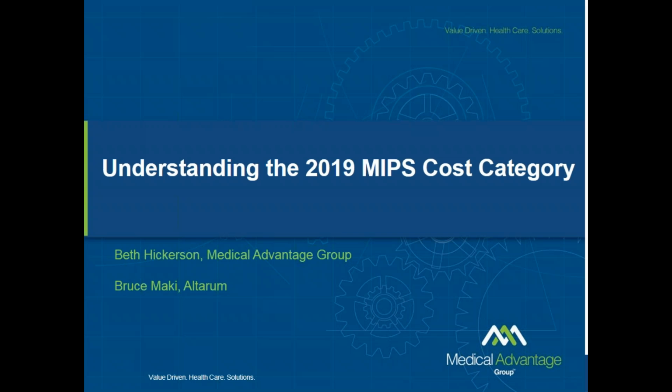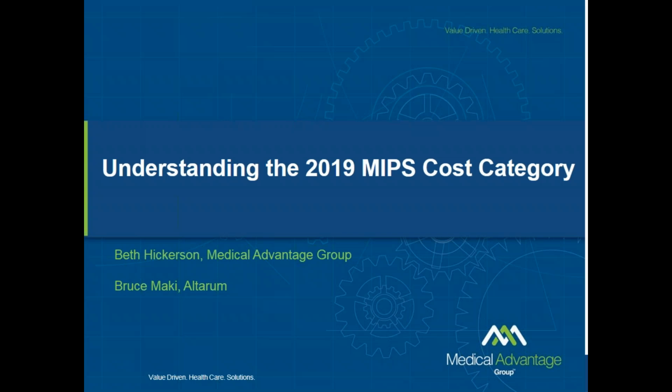Today, we'll start off with an overview of the MIPS cost performance category, describing the 10 cost measures being used in 2019, as well as the attribution process, which governs which, if any, of the cost measures apply to program participants. From there, Beth will discuss cost measure scoring, including the new facility-based scoring option, followed by a look at the cost category feedback from 2018 and how you can use that information to your advantage to improve your future cost category score.